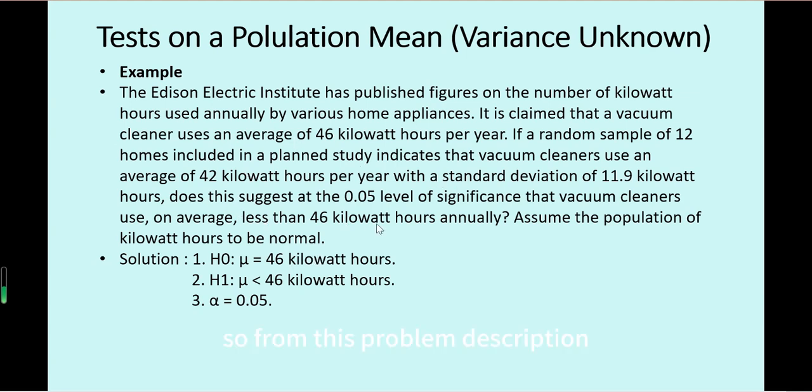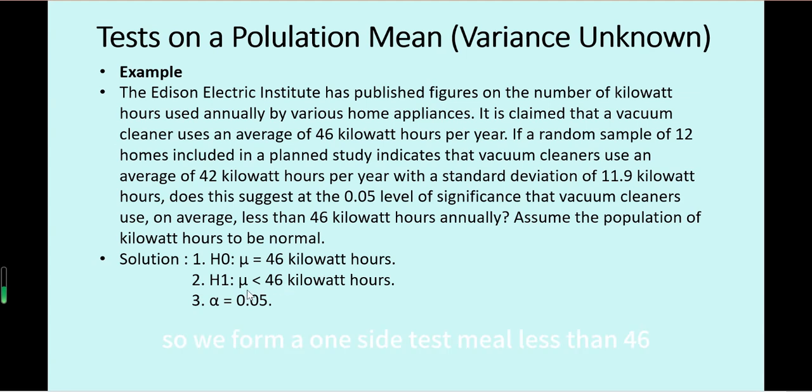From this problem description, the null hypothesis H0, which we want to test, is mu equals 46, so the population mean mu equals 46. We form a one-sided test here because the question is whether the mean is less than 46, based on the sample information.